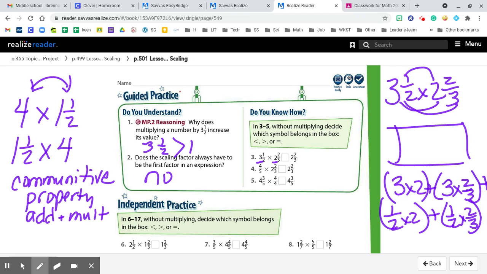We know it's going to be bigger than 2 2/3 because just right here, 3 times 2 is 6. So we know that's going to be greater than.